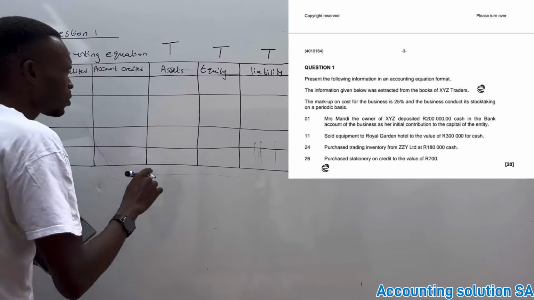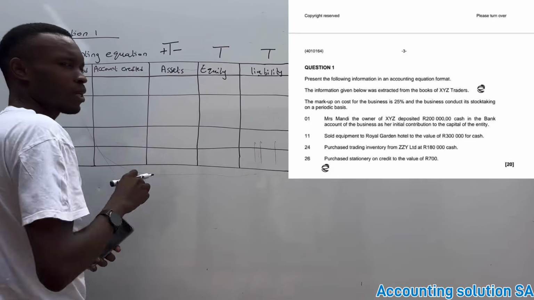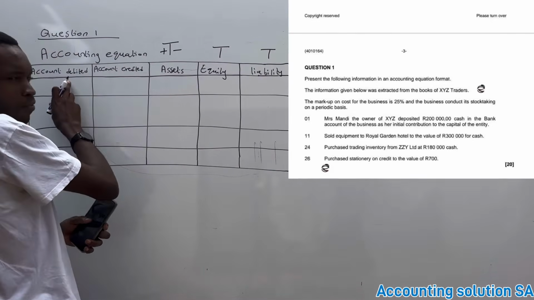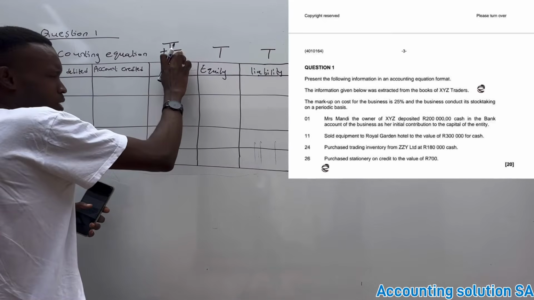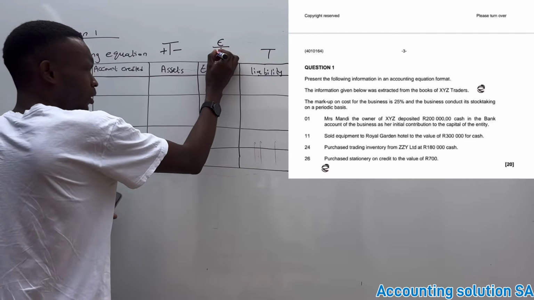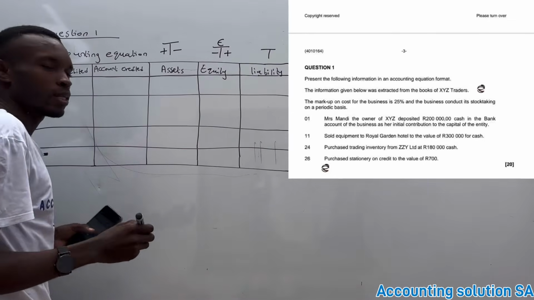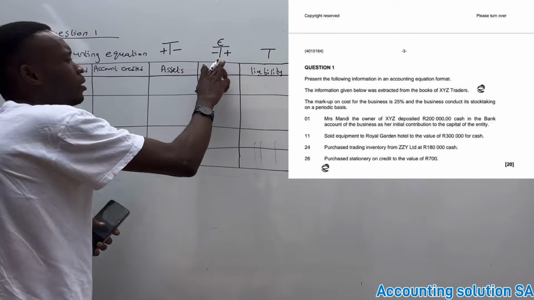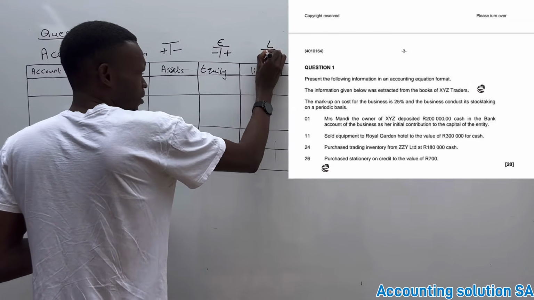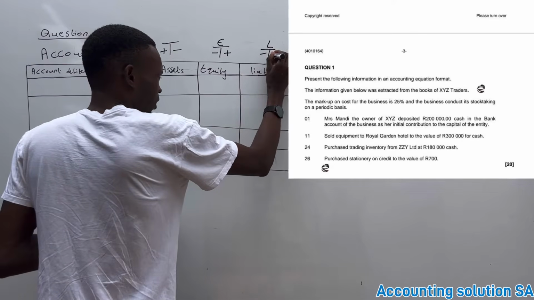But if it's an asset, know that it increases on the debit side, decreases on the credit. In other words, if assets are increasing, we're going to debit. If assets are going out, we're going to credit. Equity, we are referring to expenses and income, as well as capital contribution. Then liability, we are referring to decrease in liability on the debit, and increase on this side.